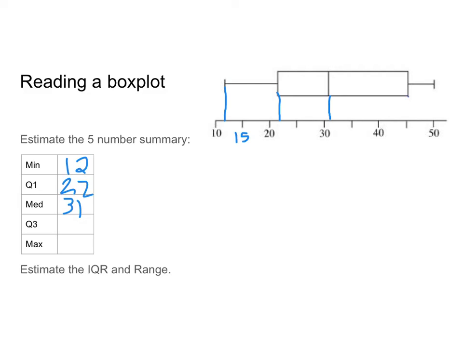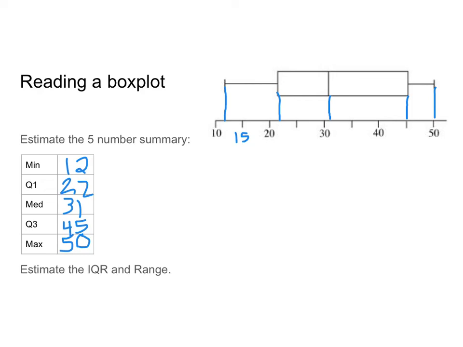The upper quartile looks like it's right about at 45. And then the maximum, I'd say, is right about at 50. If your numbers were off by 1 or so from mine, that's fine.